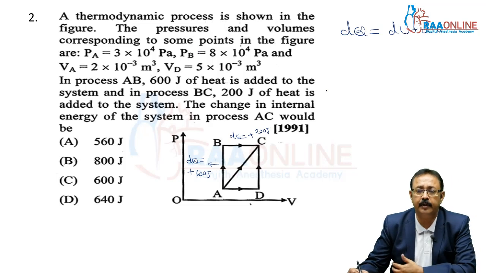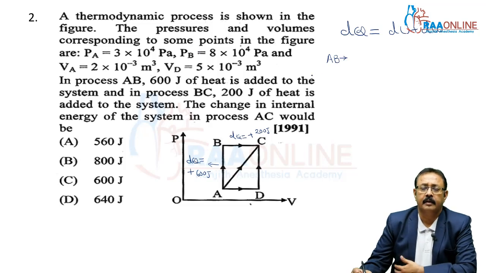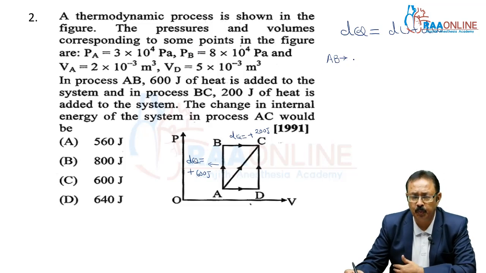First I am applying this rule, dq is equal to du plus dw, from A to B on this path. dq is 600 joule, positive.